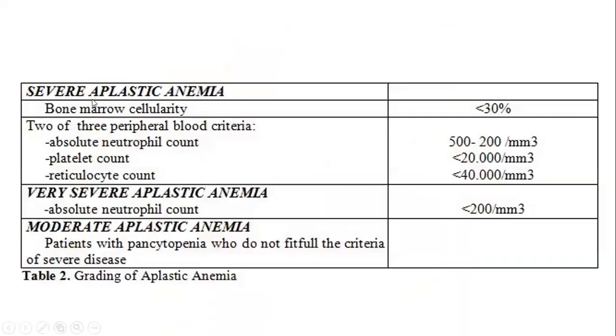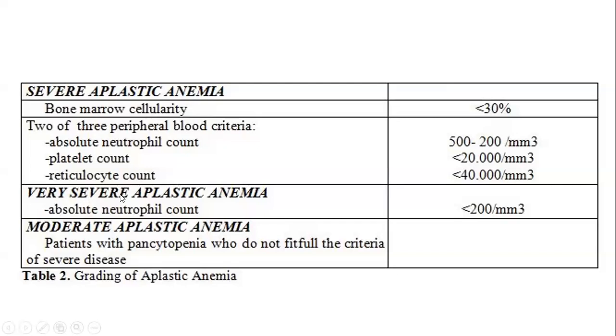Here we can see severe aplastic anemia, very severe aplastic anemia, and moderate aplastic anemia. So this is the grading of aplastic anemia. Moderate aplastic anemia is a patient with pancytopenia who does not fit the criteria for severe disease. Pancytopenia means all of the cells, red blood cells, white blood cells, and platelets, go down, and the patient develops pancytopenia because of aplasia.